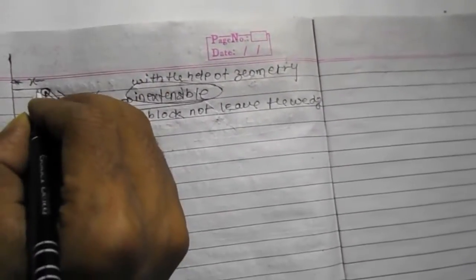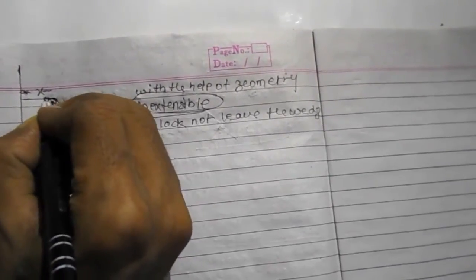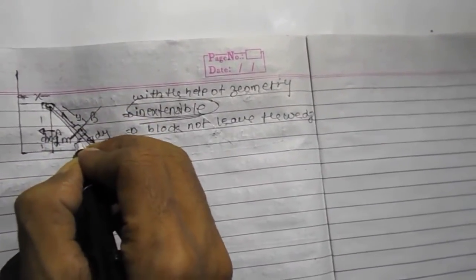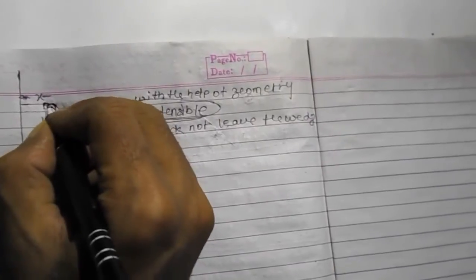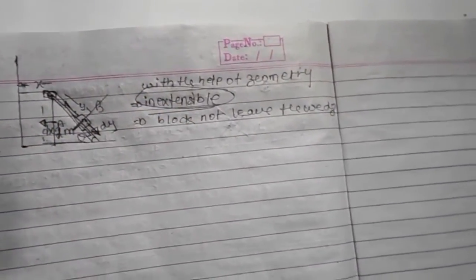So what is the new length? My new position will be something like this, and my string will be something like this.